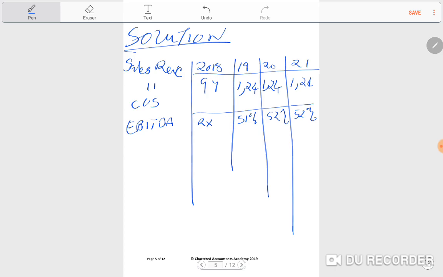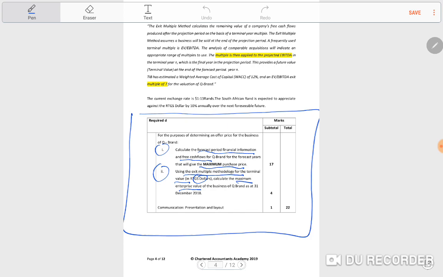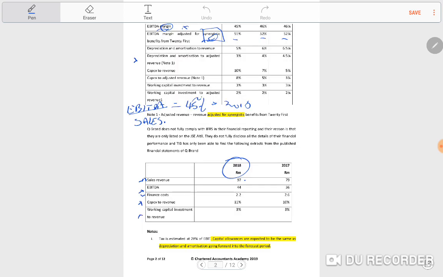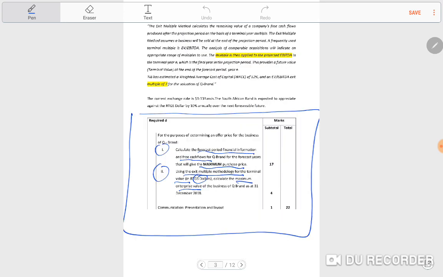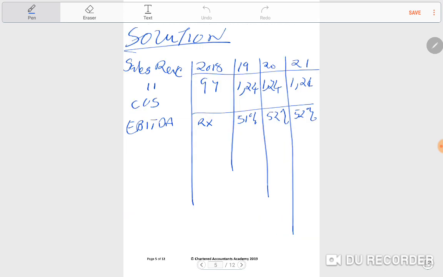And also, I understand we were given some finance costs. We have finance costs, we have capex, we have working capital. So as an exam tip, it's wiser for you to start with the cash flows that have tax implications. For example, our sales have tax implications, our EBITDA has tax implications. So if you go to our finance cost, are we going to adjust for this one?